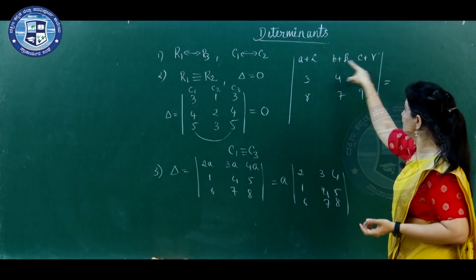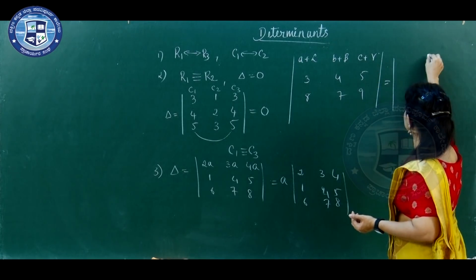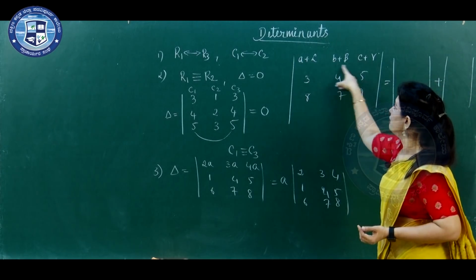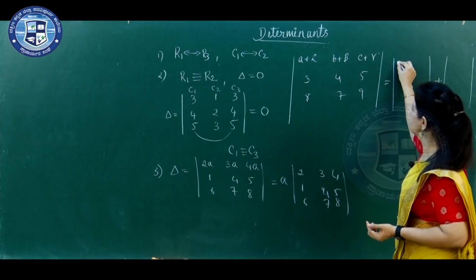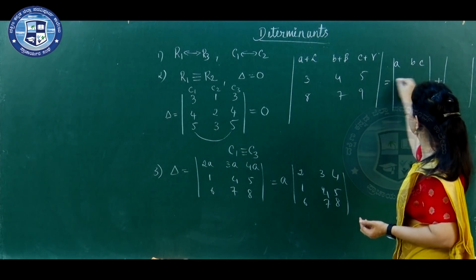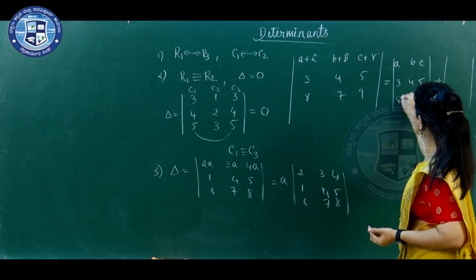Since the first row elements are the sum of two numbers, we can split this into a sum of two determinants. For the first determinant, the first row elements are a, b, c, and the second and third rows remain the same, 3, 4, 5, and 8, 7, 9.